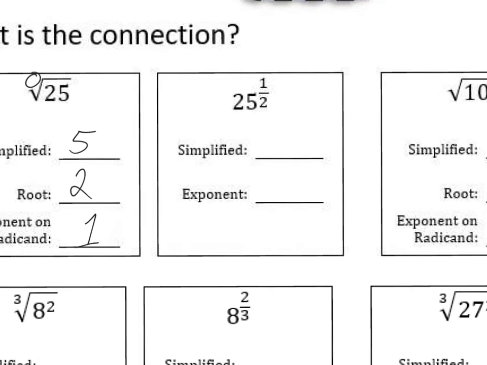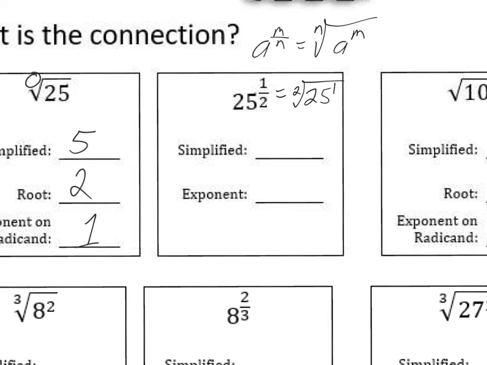For the next one, we have simplified. Do you remember on the other one where we said if we had a fraction, a to the m over n, that's the same thing as the nth radical of a to the m. So we're doing the same exact thing here. This would be the square root of 25 to the first.